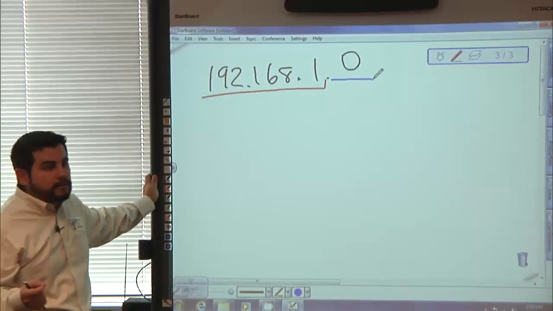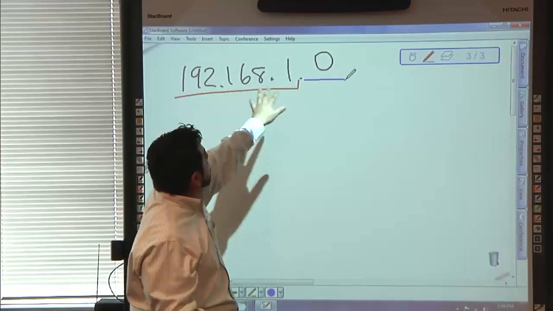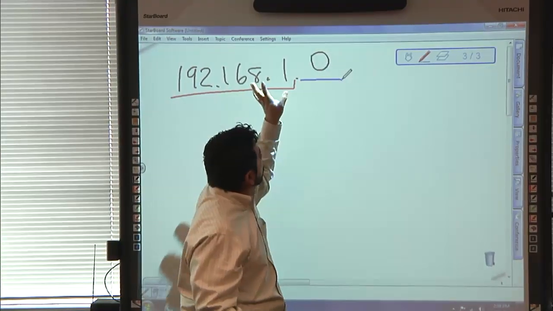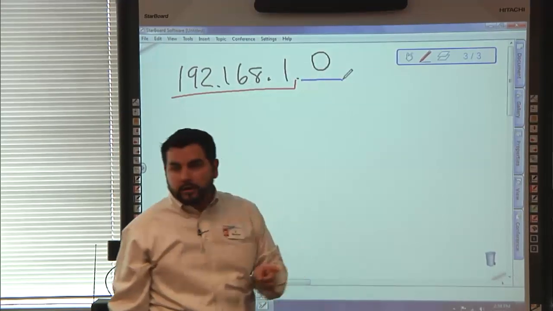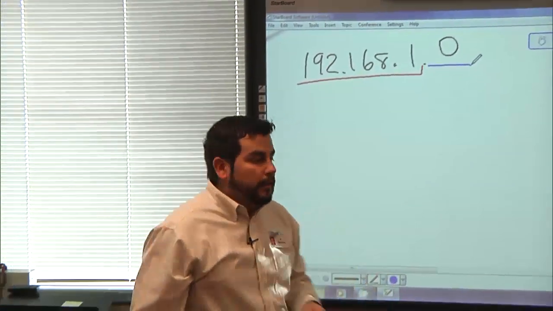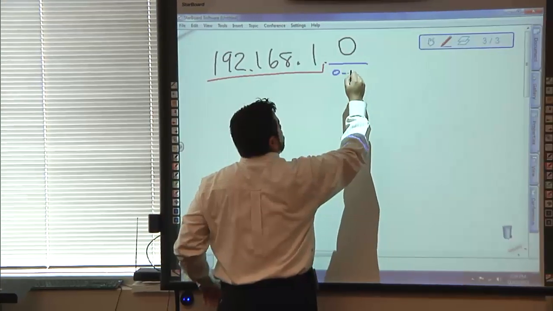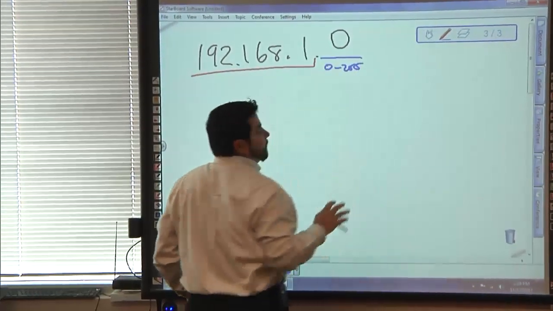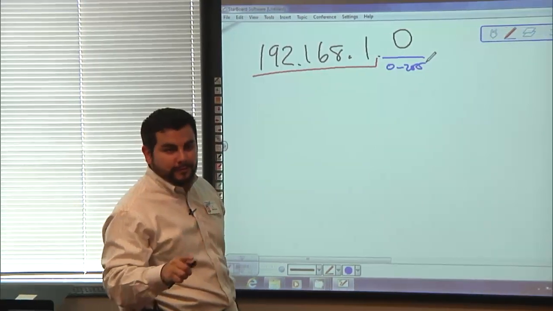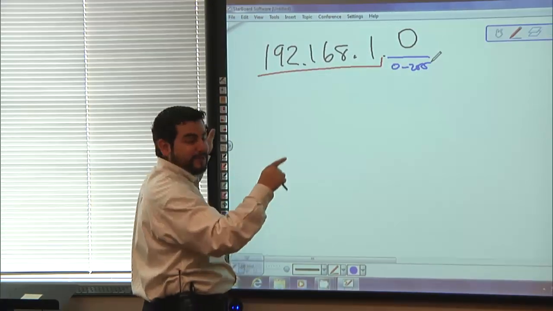These numbers identify the network, but these identify the host. And whenever you identify the host, you always start with 0. The host can be anything between 0 through 255, right?